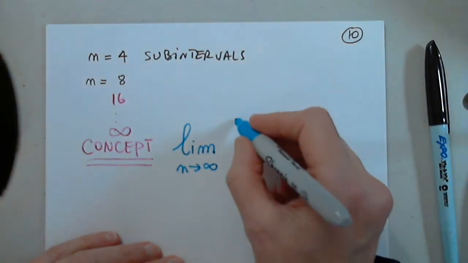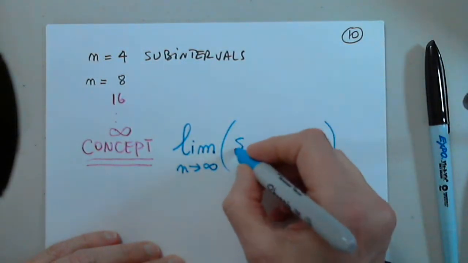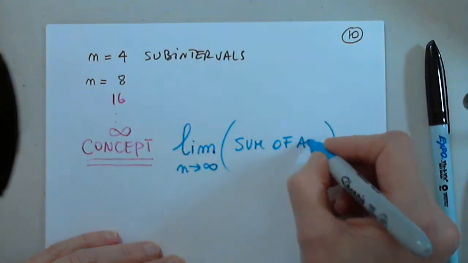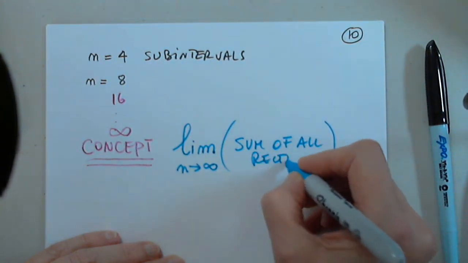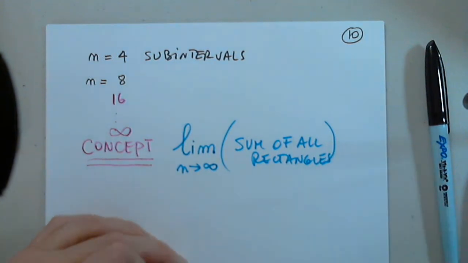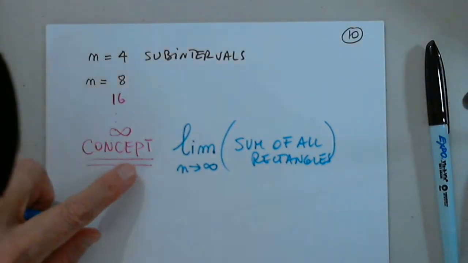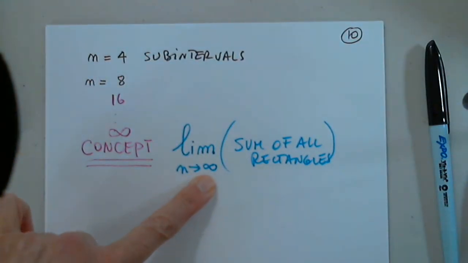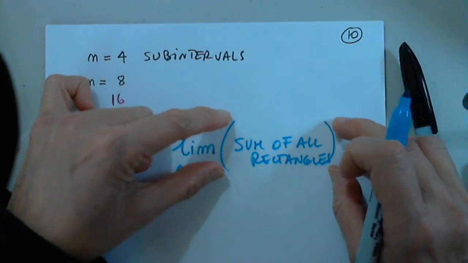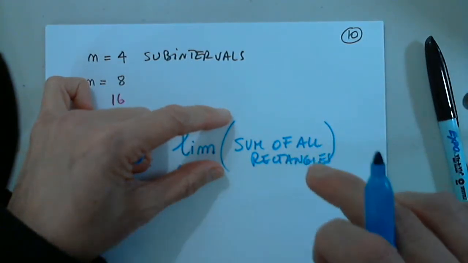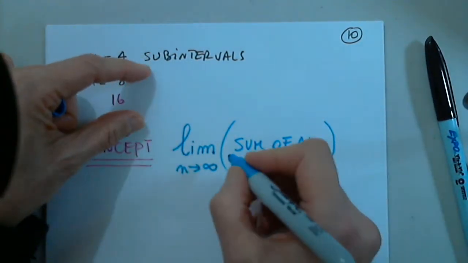from the sum of all rectangles, right? So if I increase the number of subintervals to infinity, and somehow I determine and add the sum of all, of course, areas.